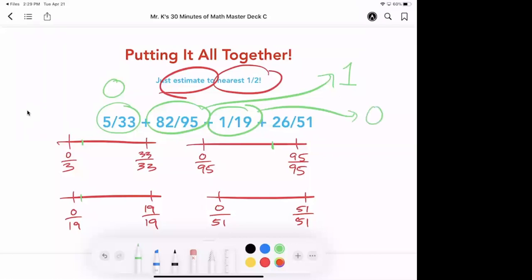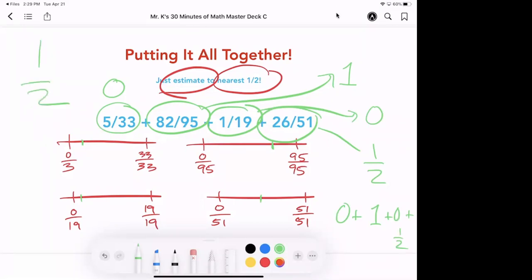And then 26/51. That seems like it would be kind of right here, which is almost 1/2. So our estimate would be 0 plus 1 plus 0 plus 1/2, and that would give us 1/2.